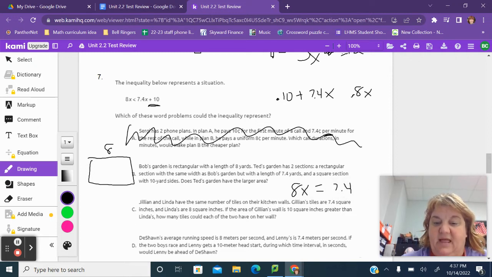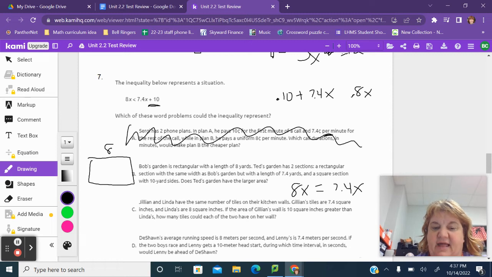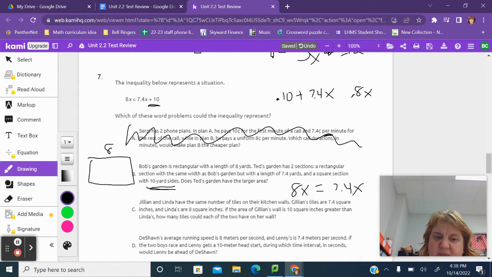So when you multiply the width times the length, you're going to get the area. And a square section with 10-yard sides. Does Ted's garden have the larger area? That has nothing to do with this. A section with 10-yard sides, no, that is not this, because you wouldn't know the area of that. Okay, I'm not going to do that one.